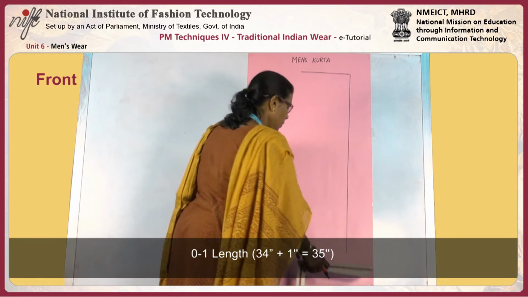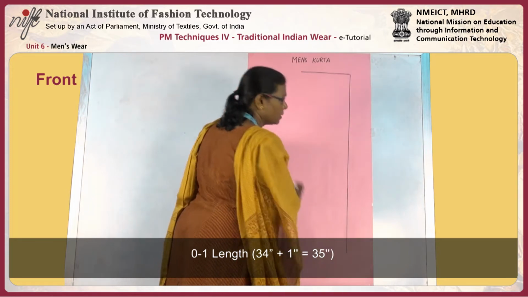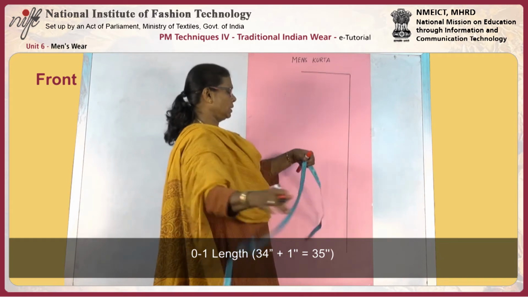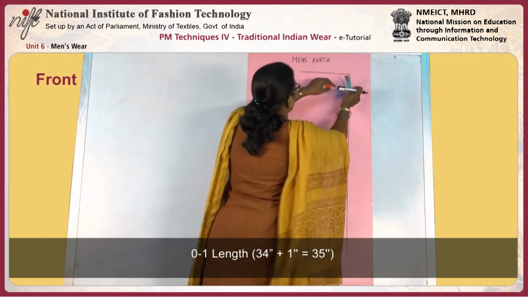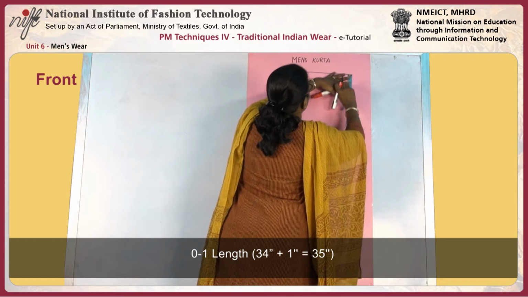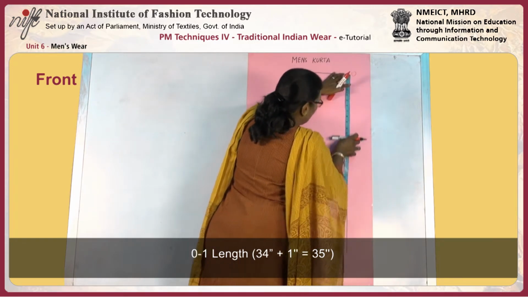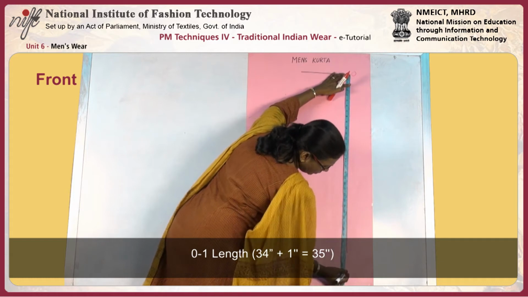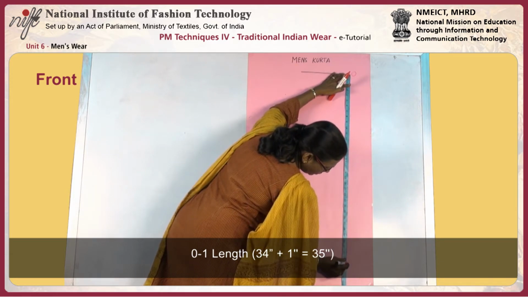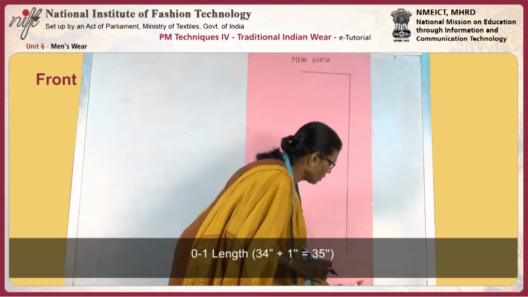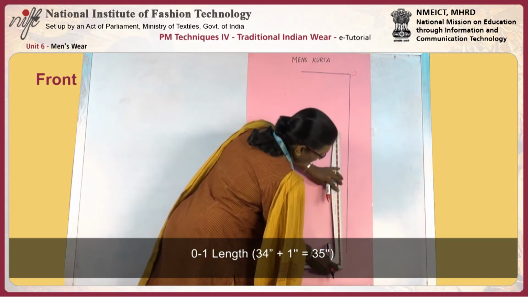The length should be marked as 34 inches plus 1 inch. Start from 0 and then mark 34 inches plus 1 inch for the allowance, and draw a perpendicular line.